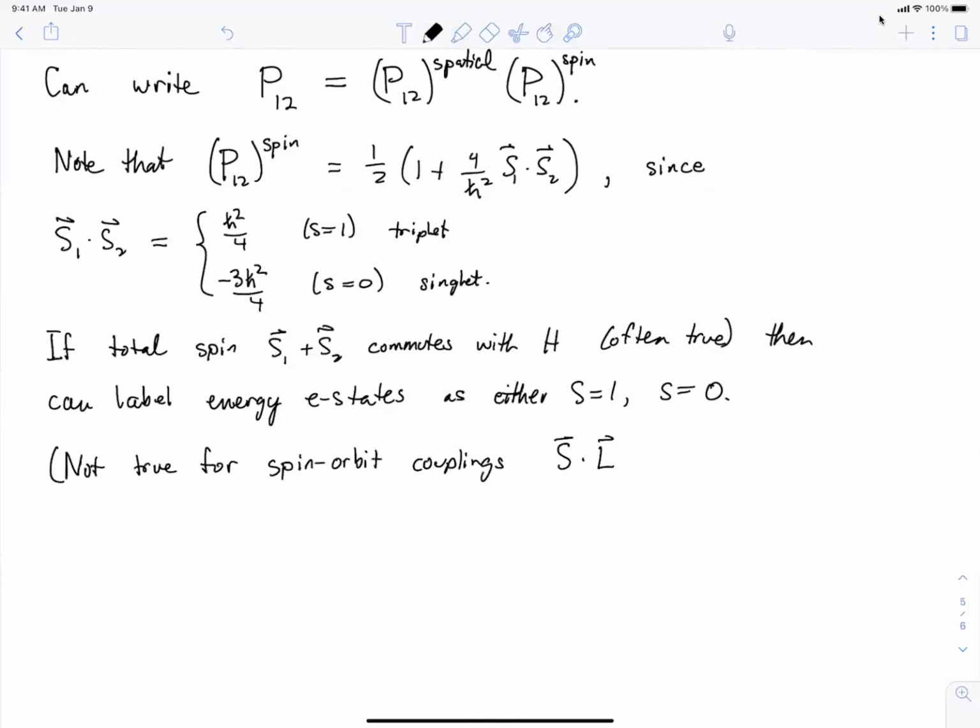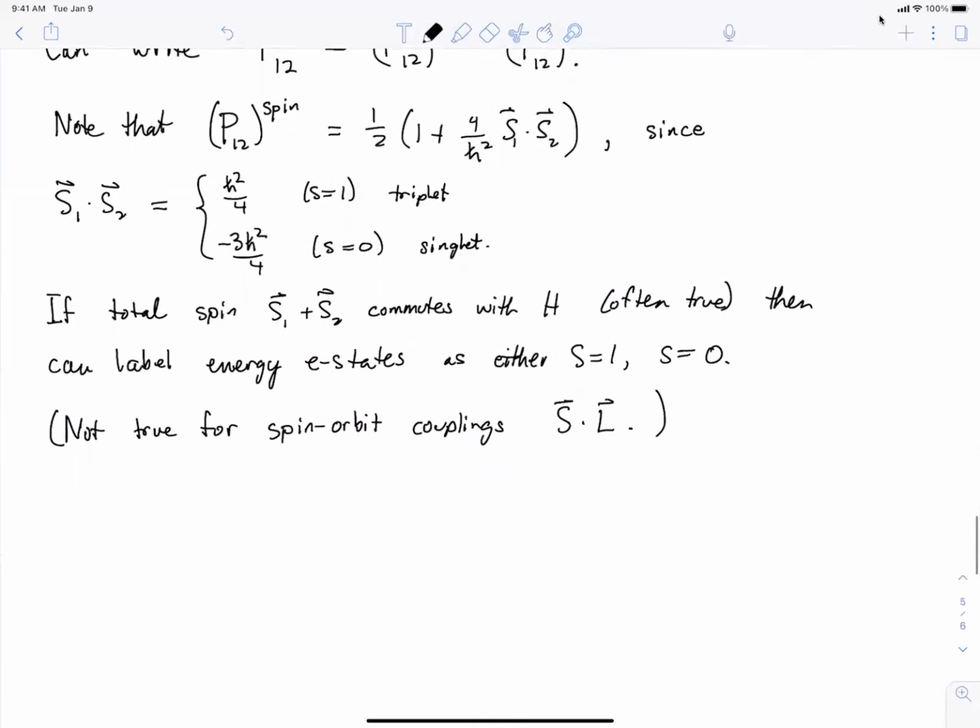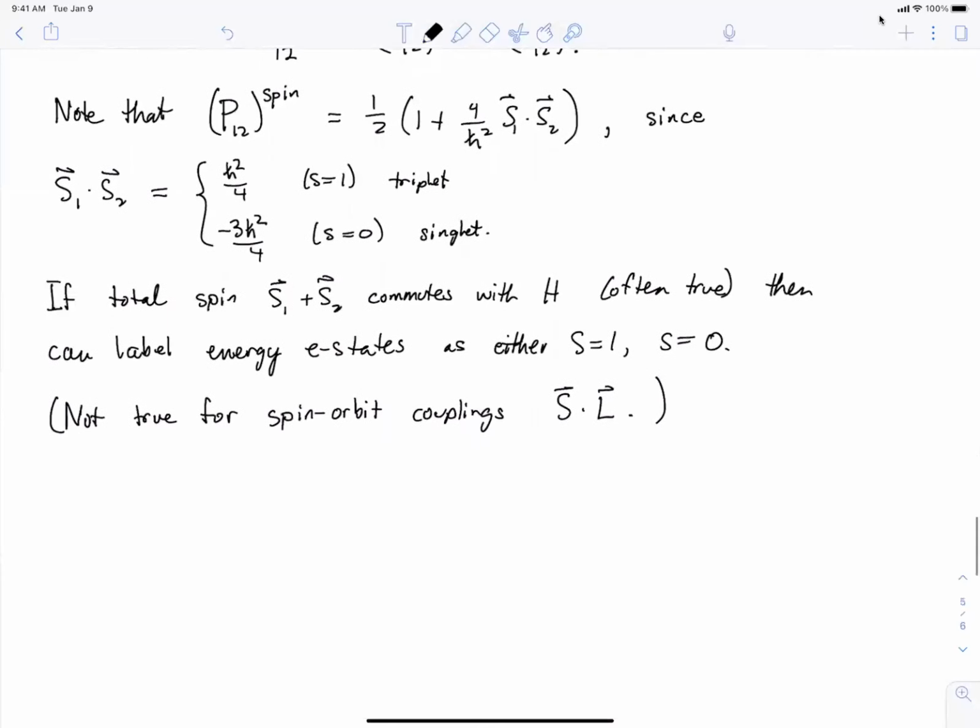If I commute that with different components of S, I will get the corresponding component of L, and so it won't be true. Fortunately, spin-orbit couplings you can often treat as a small perturbation. If you do that, then your unperturbed states will be common eigenstates of energy and total spin. And then you'll see them get split apart by the spin-orbit coupling, which is basically what we already saw happen in the case of the hydrogen atom.